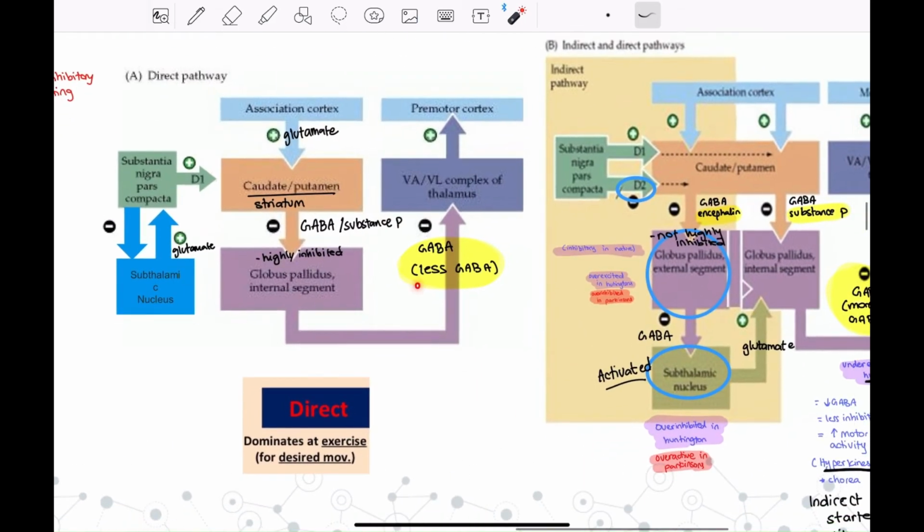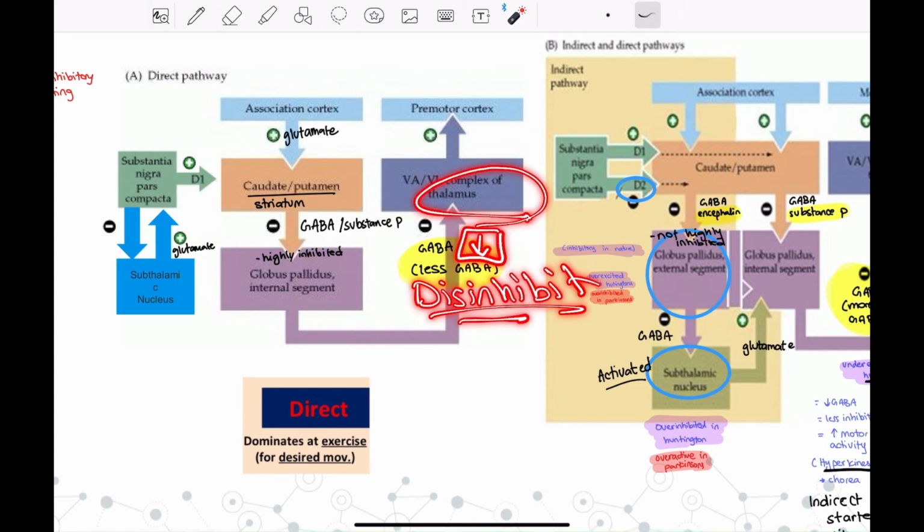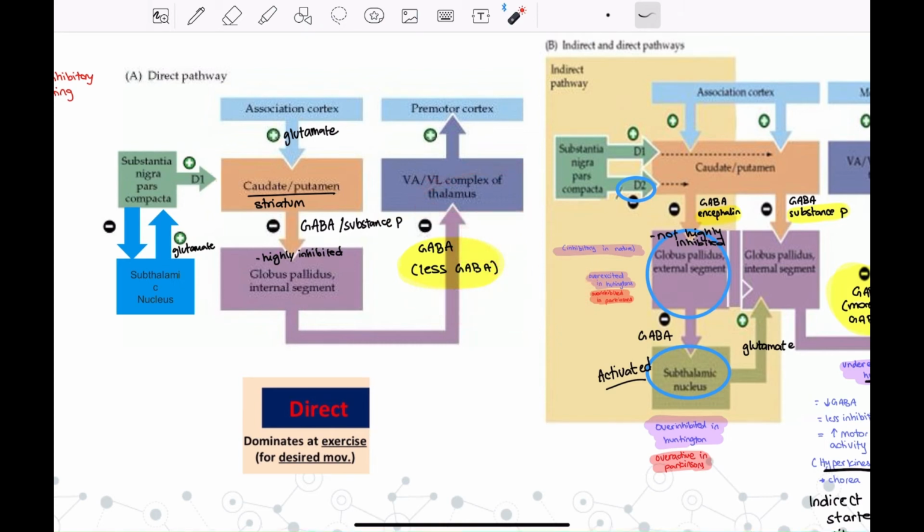So I need to disinhibit the thalamus. How? By secreting less GABA than normal. What's my primary goal? Increase movement. The thalamus is going to go to the premotor cortex and initiate movement. Okay, which makes sense that the direct pathway is involved in exercise and it's for desired movement.